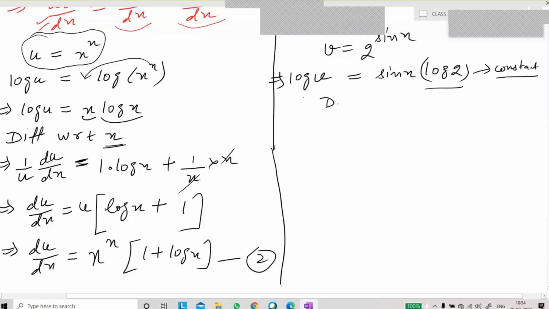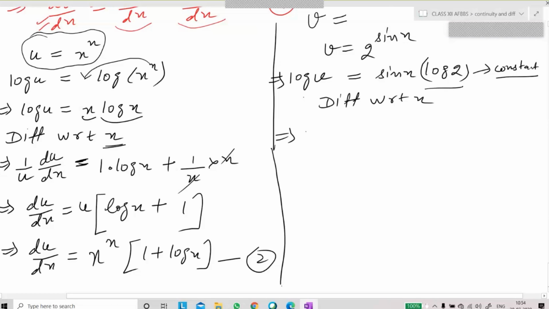Now differentiating both sides with respect to x. So I will have derivative of log v will be 1 by v. But since I am differentiating with respect to x, I have to differentiate v also with respect to x. On the right hand side log 2 is a constant, and a constant we just copy down. And what is the derivative of sin x? The derivative of sin x is cos x.